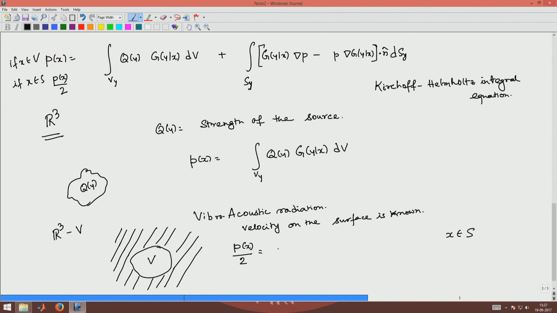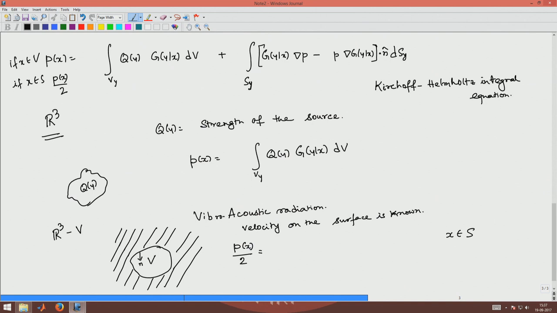So, p(x)/2 is equal to, now what happens is that there is no other source of interest except this vibroacoustic source. Therefore, the q(y) term associated with the shaded volume, not the volume V but the volume exterior to it, and in this case the normal will point inwards because the volume of interest is the shaded volume.